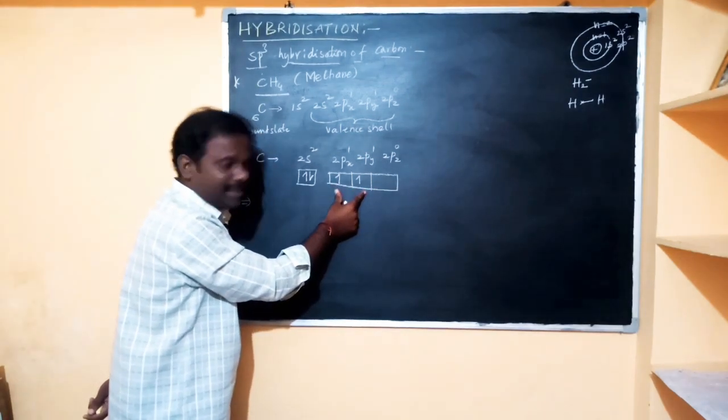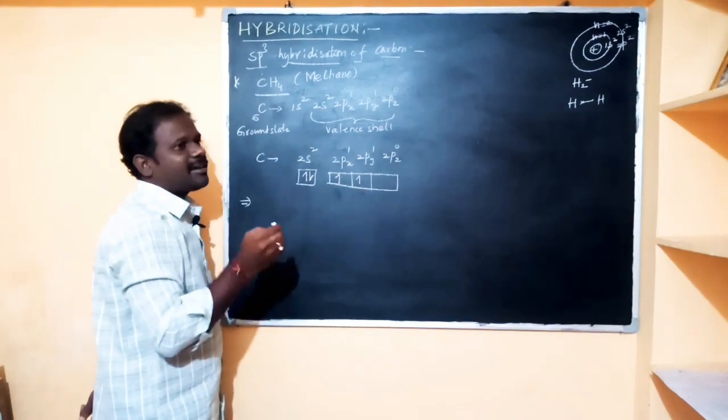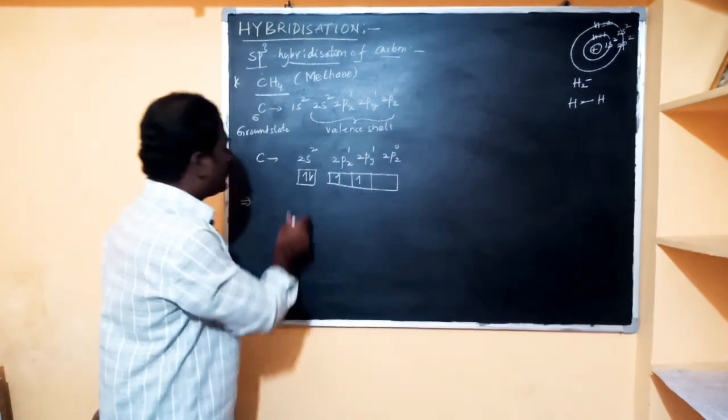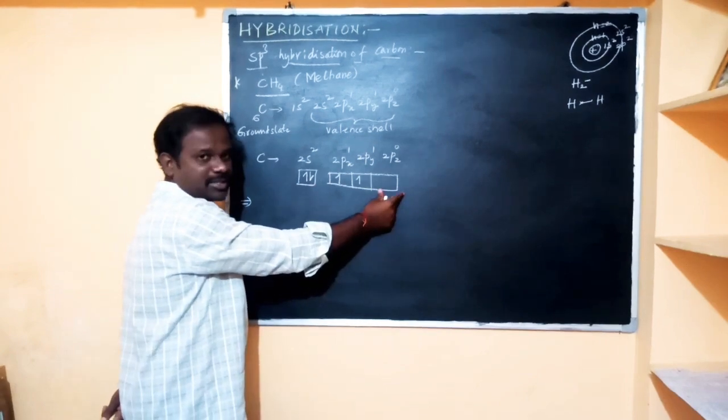How is this explained? There is a chance for the shifting of an electron from the lower energy state to the higher energy state.